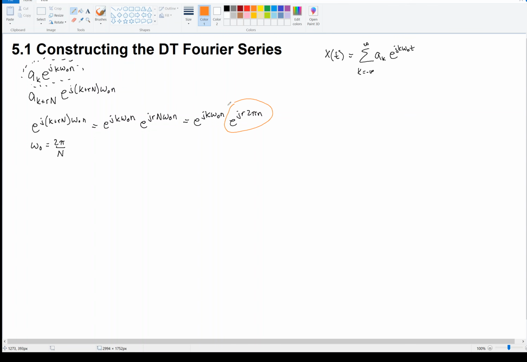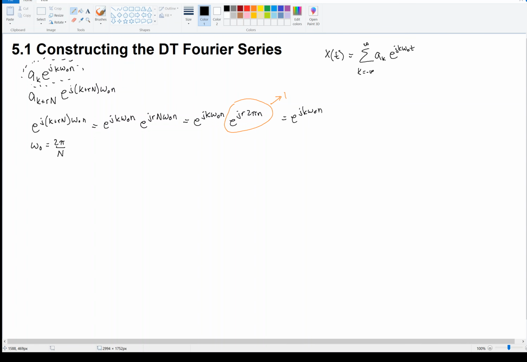And n is an integer, right? 0, 1, -1, whatever. r is an integer. And so this is e to the j times some integer times 2 pi. And so this is exactly equal to 1. And so we get e to the j k omega 0 n.